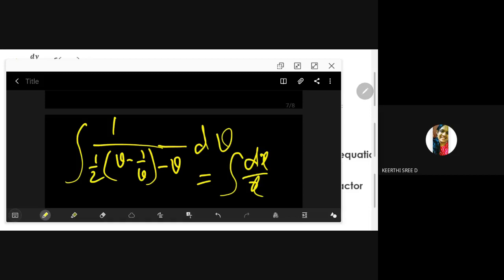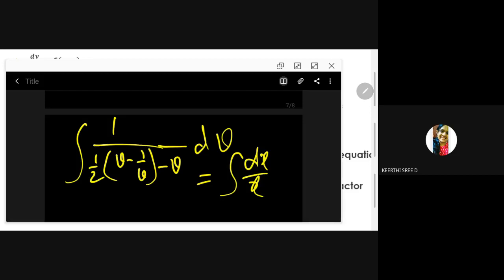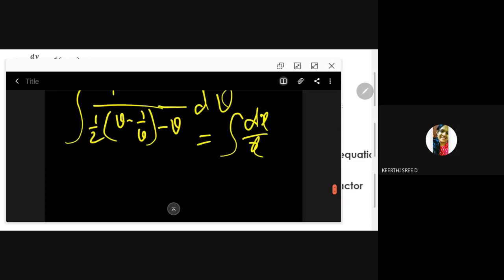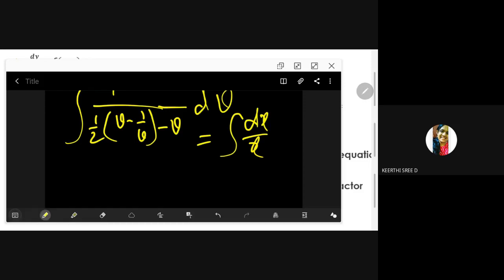So when we simplify further, you have half v minus v, which is minus half v. You can easily simplify. This is a separable equation. So we get minus half, and probably you are left with v plus 1 by v, I think.